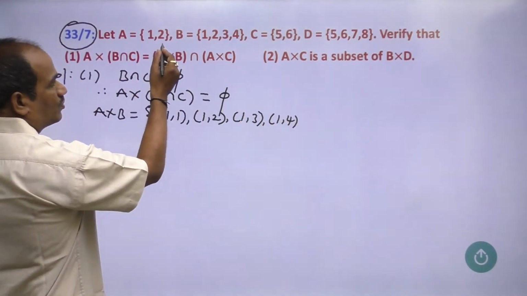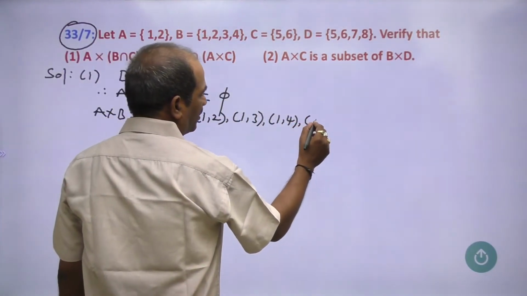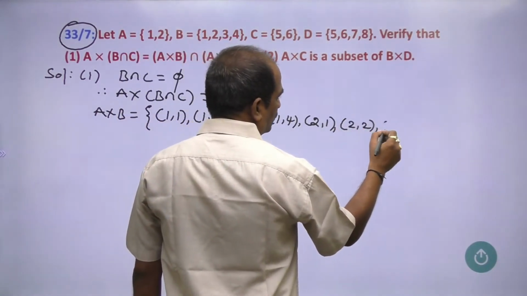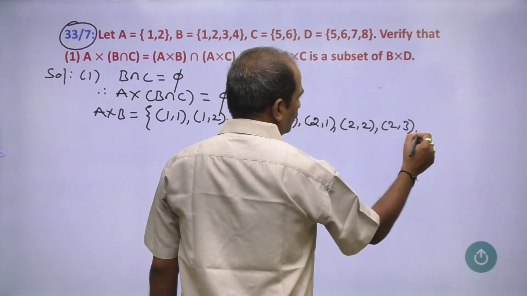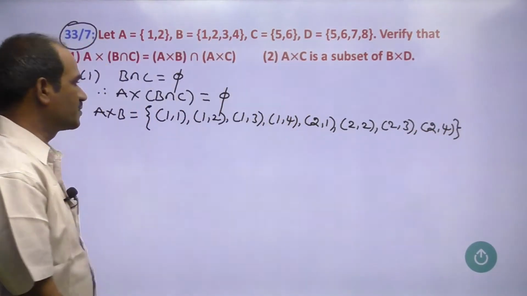Next take 2: (2,1), (2,2), (2,3), (2,4). So this is A cross B.